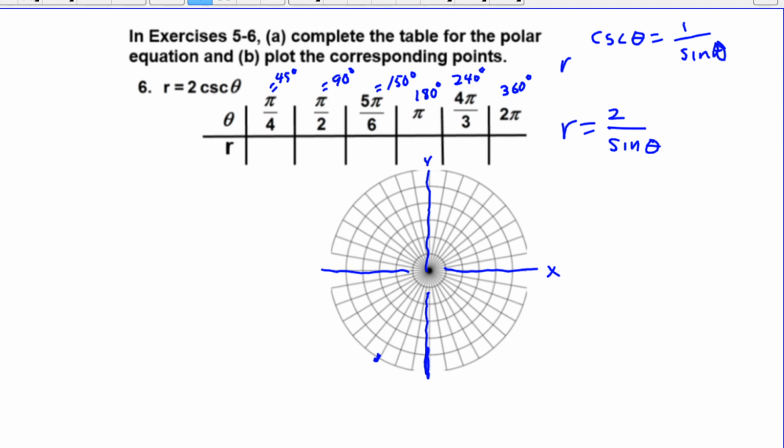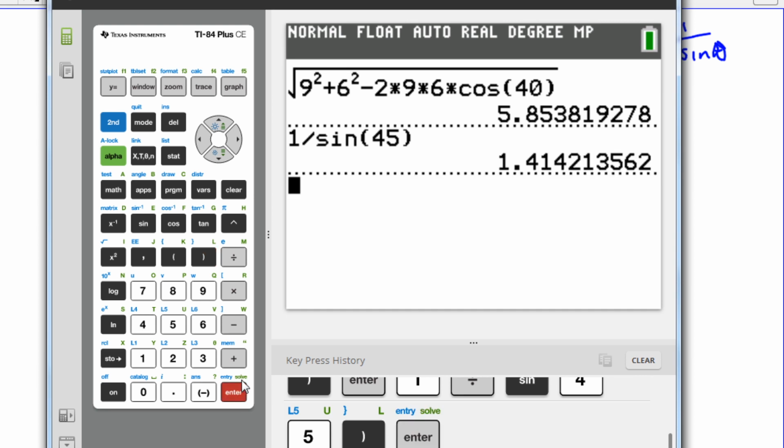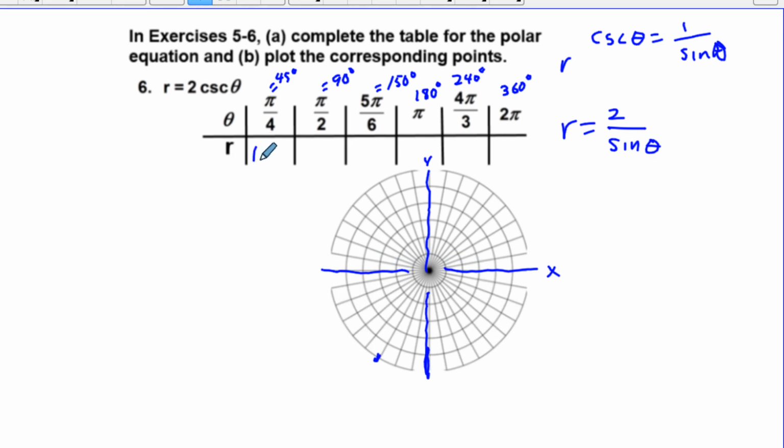So let's just look at this. 1 over sine 45 degrees. So 1.41 approximately. Sine of pi over 2 is 1, because it's right up here. So that would be 2 over 1, that would be 2.